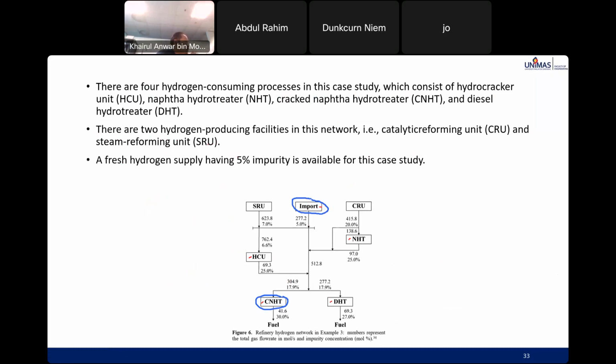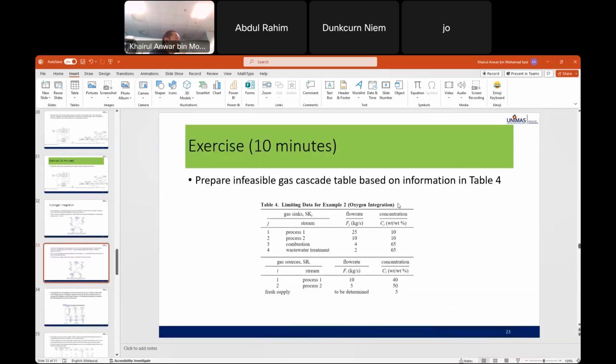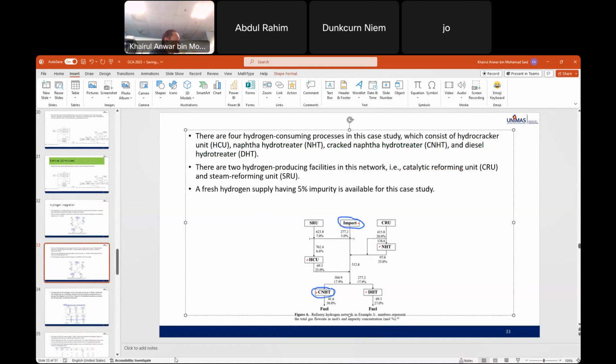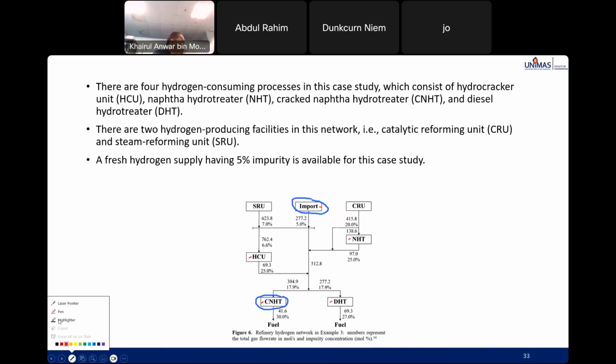There are 2 hydrogen producing facilities in this network: the catalytic reforming unit CRU and the steam reforming unit SRU.